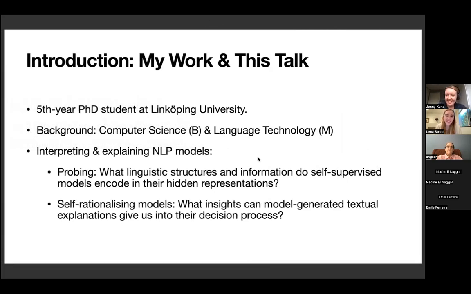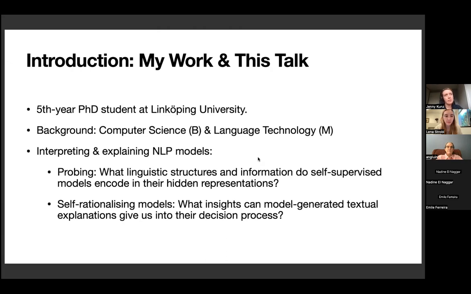As Lena already said, I am a PhD student at Linguistic University in Sweden. My background is in computer science and language technology, and I work on interpreting and explaining NLP models, pre-trained language representations such as BERT or GPT or whatever.